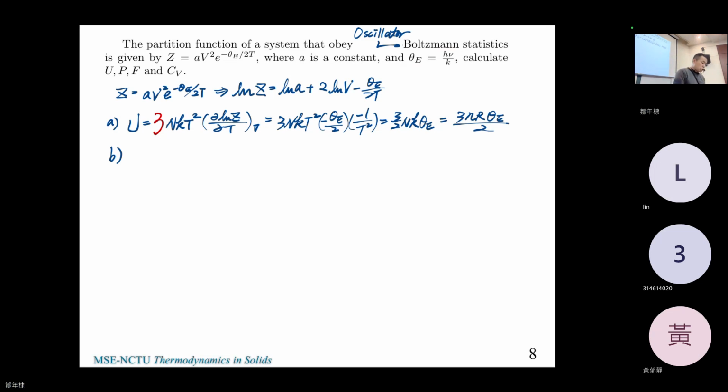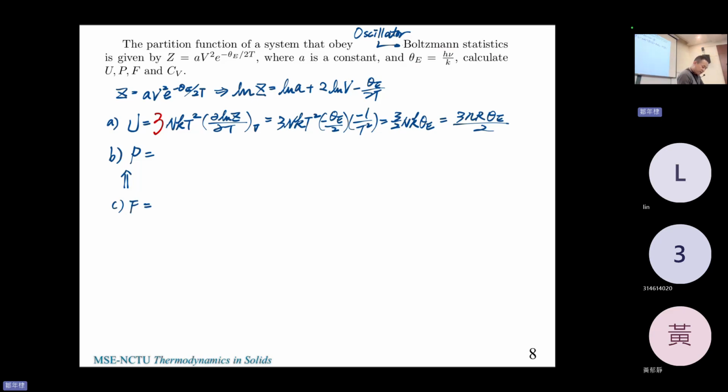Next, U, P, F, C_V, right? So next should be P, right? But remember that our P came from F. So actually, we are not going to determine P first. We need to go for F first.